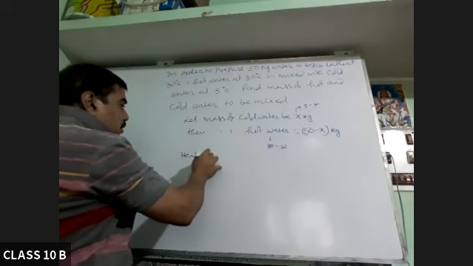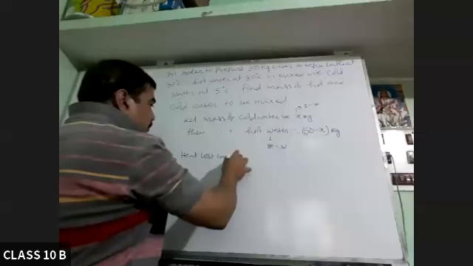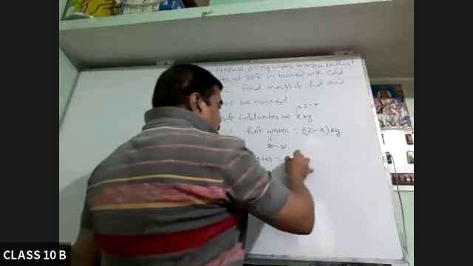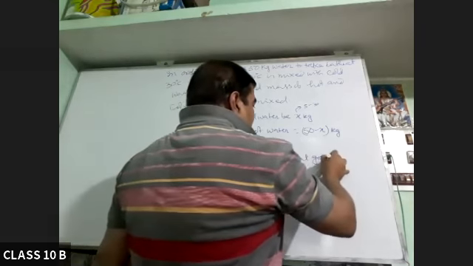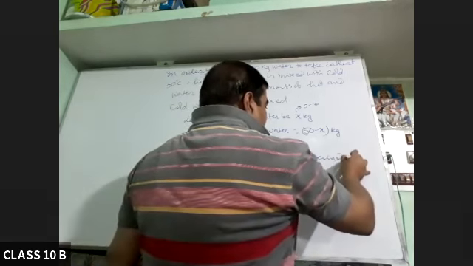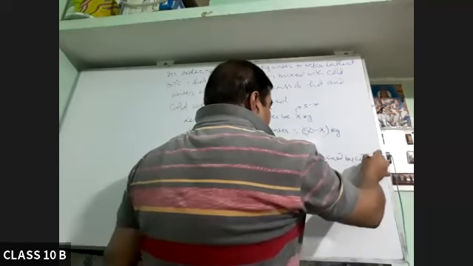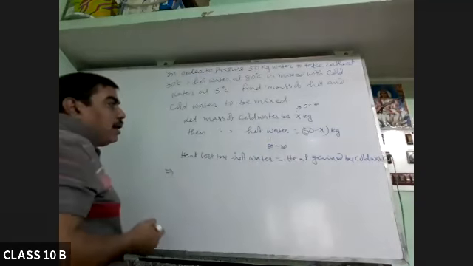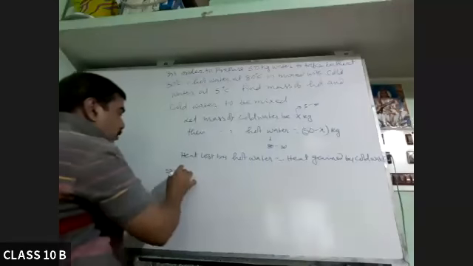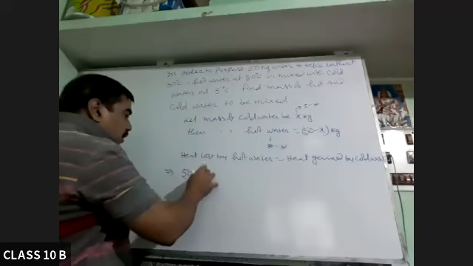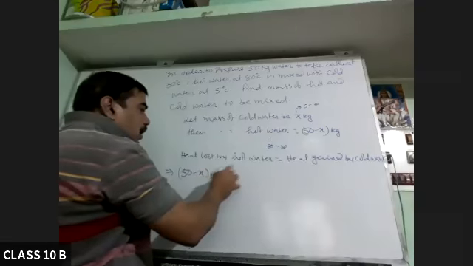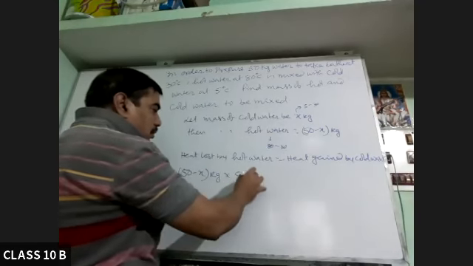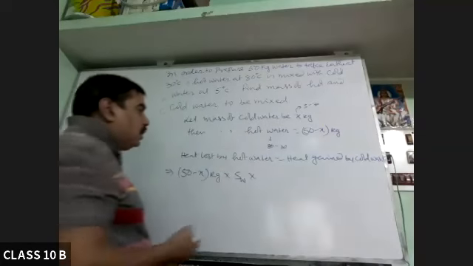So heat lost by hot water is equal to heat gained by cold water. Heat lost by hot water: mass is 50 minus x kg. Water is on both sides, so we write specific heat capacity as SW. That will be cancelled on both sides.